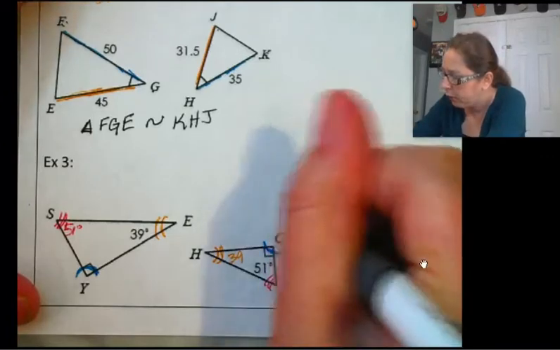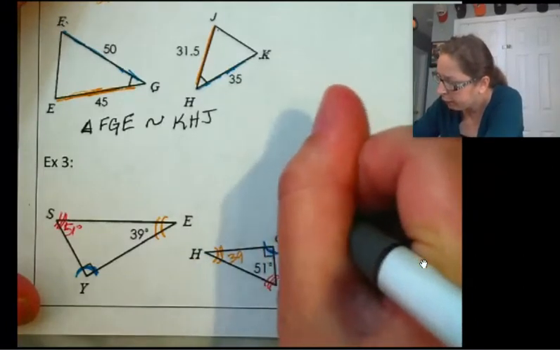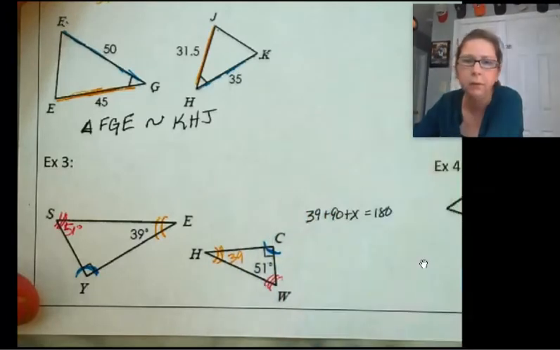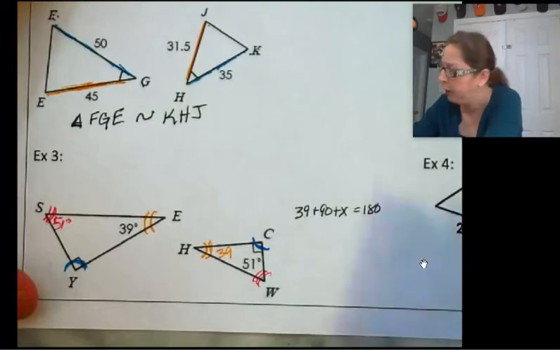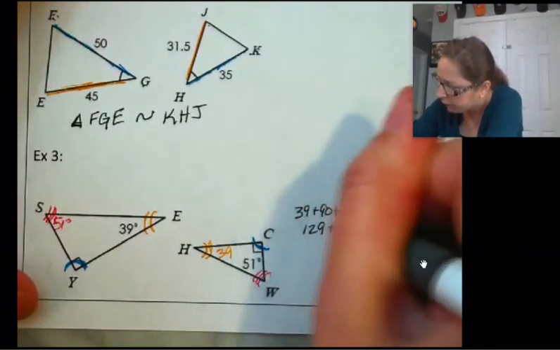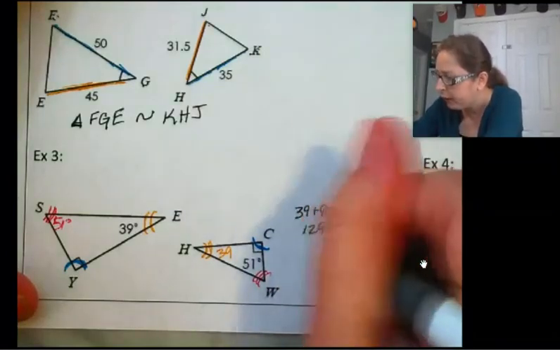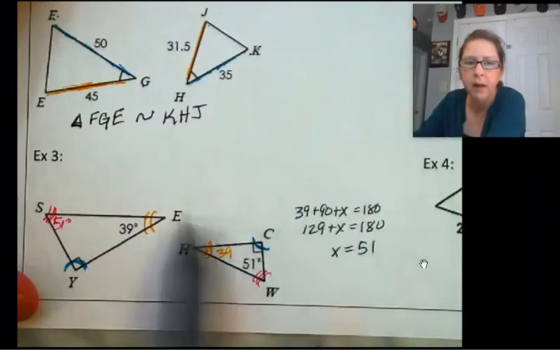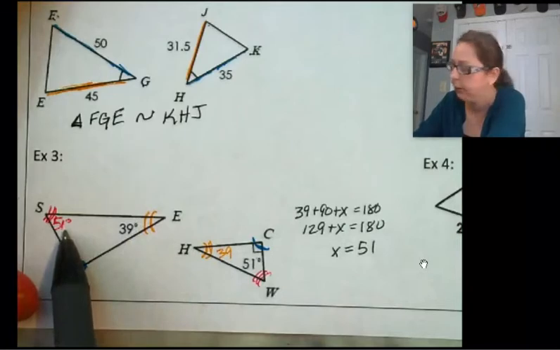Okay, so 39 plus 90 plus x equals 180. Okay, 9, 10, 11, 12. That's 129 plus x. And then 180 minus 129 is 51. So what that meant was that the missing angle in this triangle was 51.